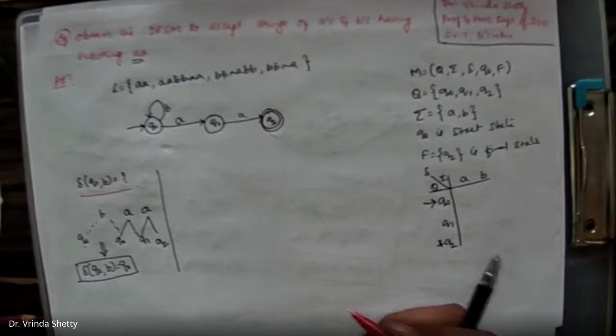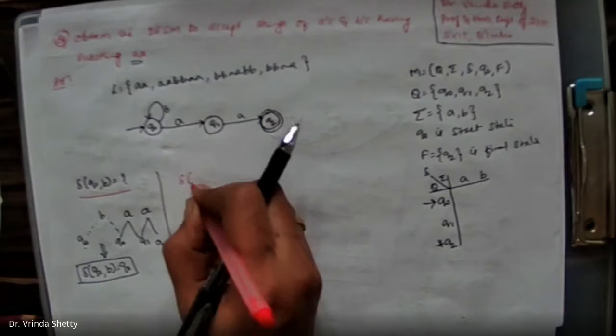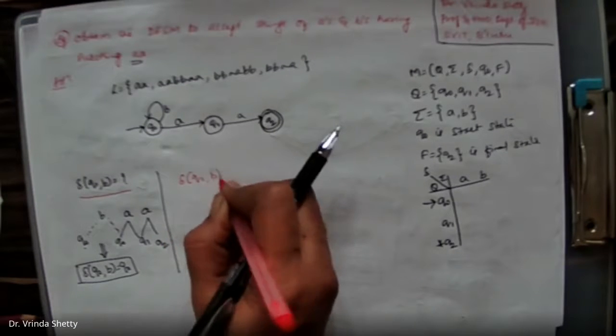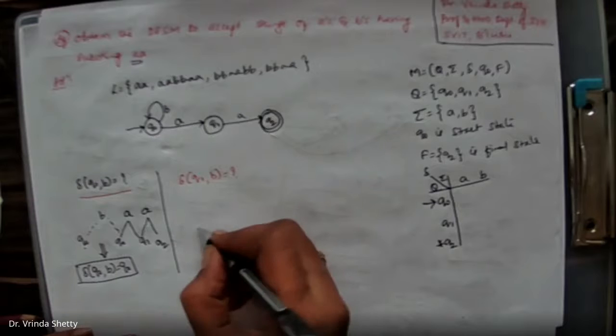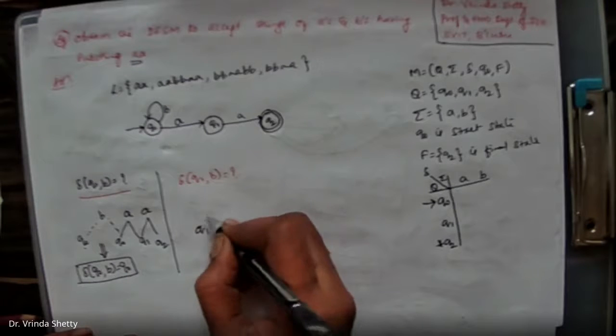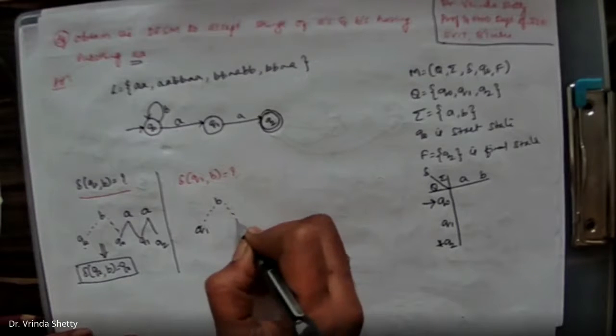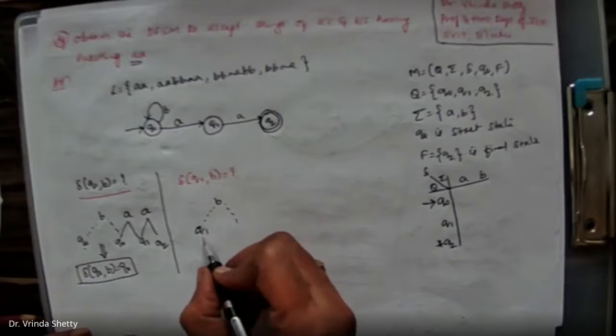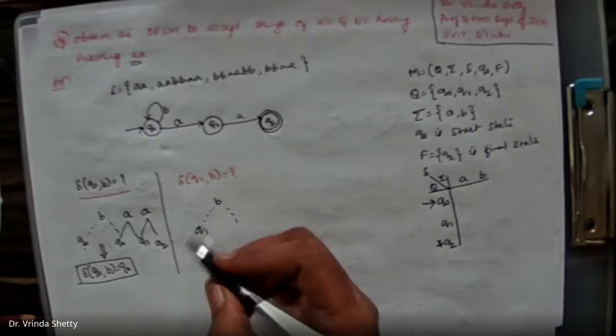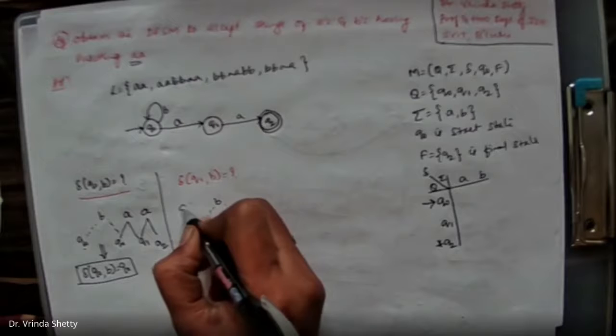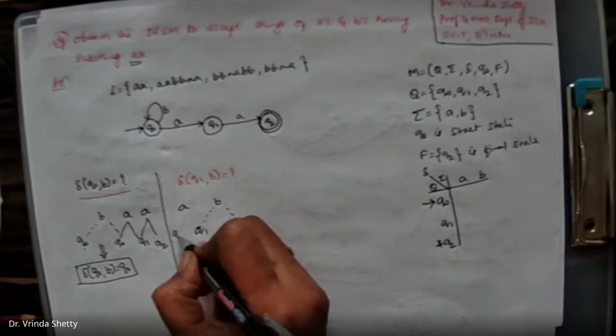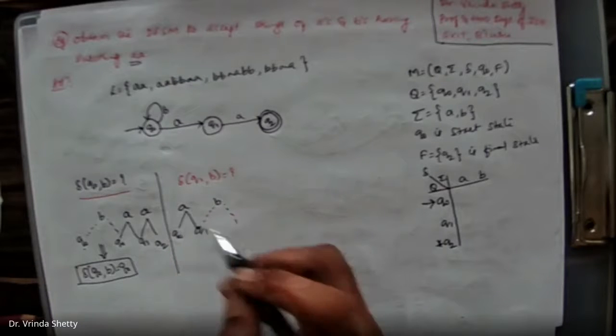Then go to the next state, that is Q1. Delta of Q1 on B is required, where is it going? You are in the state Q1, input is B, we need to check. As it is a substring, we'll check whether previously we have got 2 A's. Start with the start state Q naught. Q naught on A, we reach Q1.